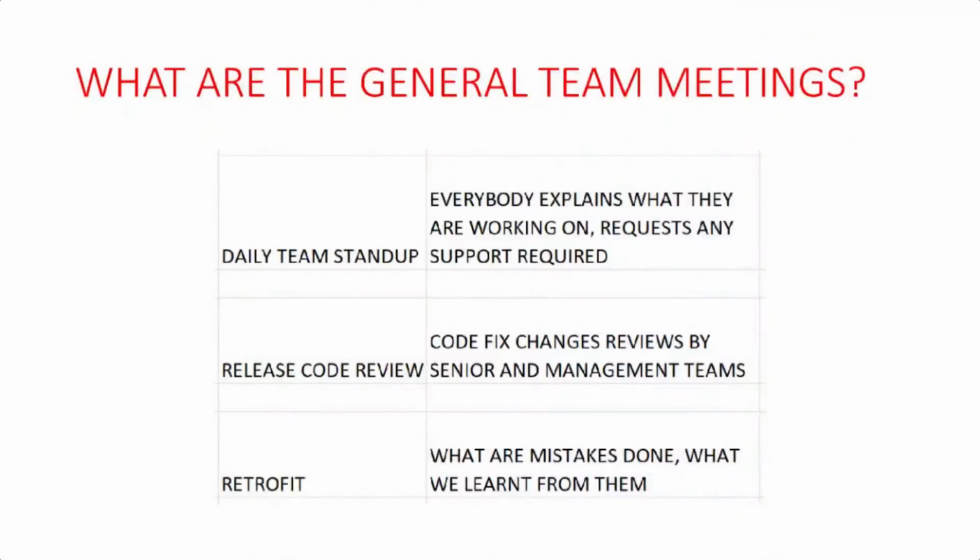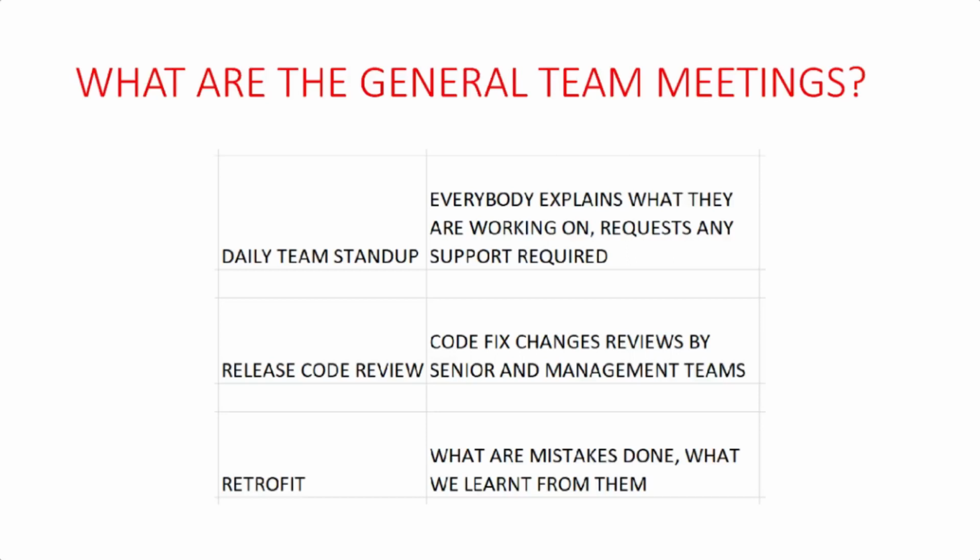What are the general team meetings? In the daily team stand-up, the team gathers every day for 5 to 10 minutes to say who is working on what task. If the team has any issues or problems, they should explain them here, and the team can help you.